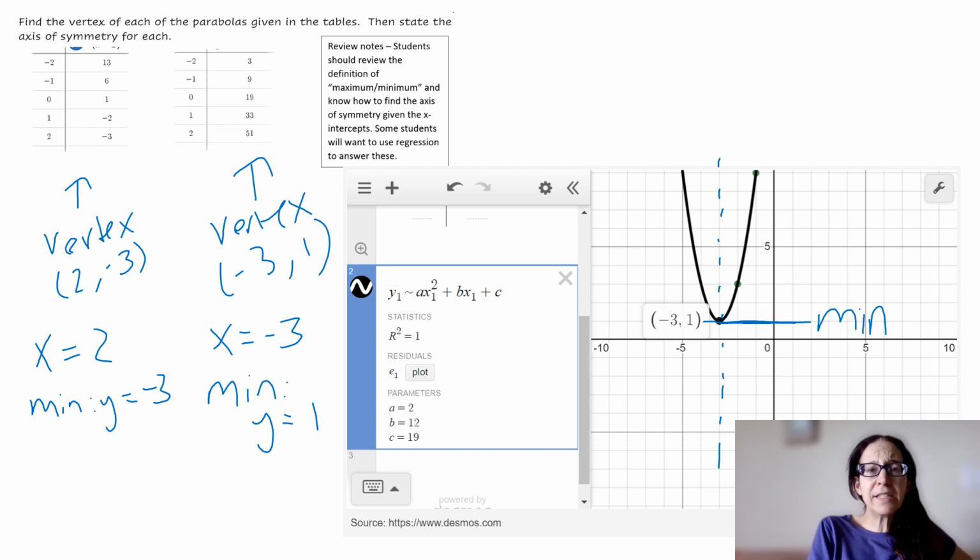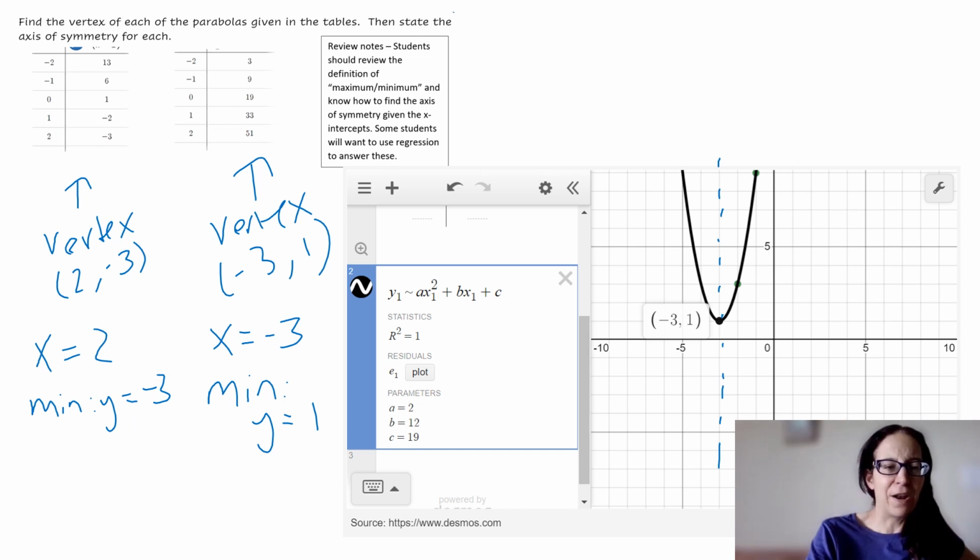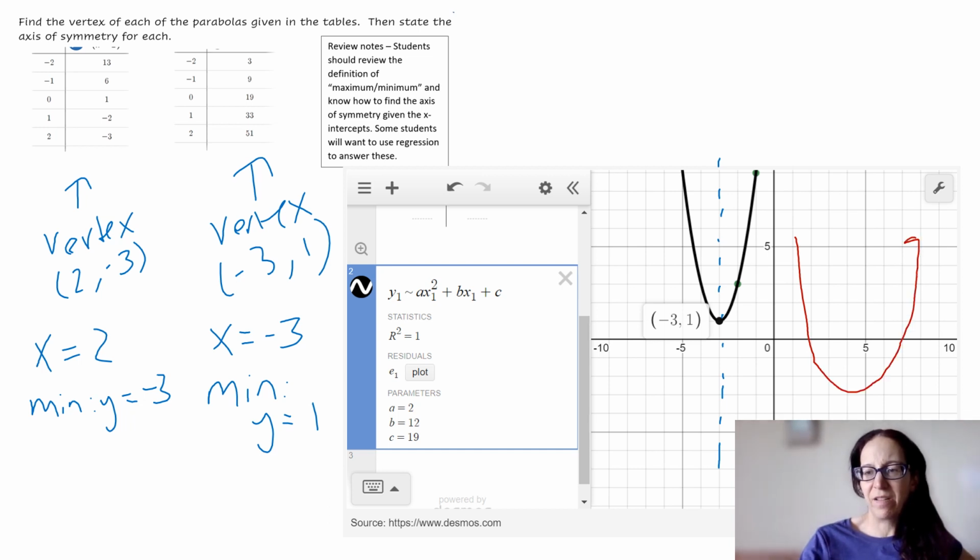And then it says, know how to find the axis of symmetry given the x-intercepts. Now this particular parabola doesn't have any x-intercepts, so that makes it not a great example, but if you had something that did have x-intercepts, and you were told you have an x-intercept here and an x-intercept here, the axis of symmetry would have to be right in between them.